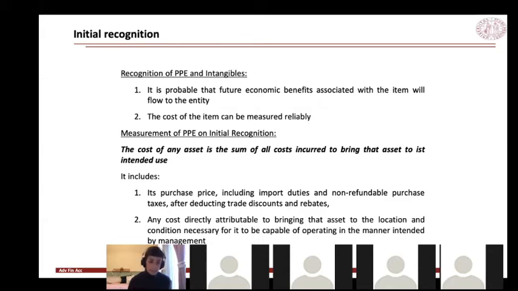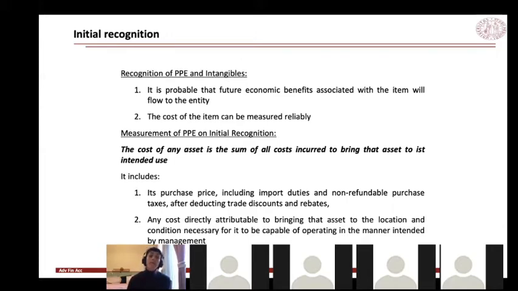What does that mean practically? It means that it's the result of an estimation. So again, it does involve a certain degree of subjectivity. Second, the cost of the item can be measured reliably.